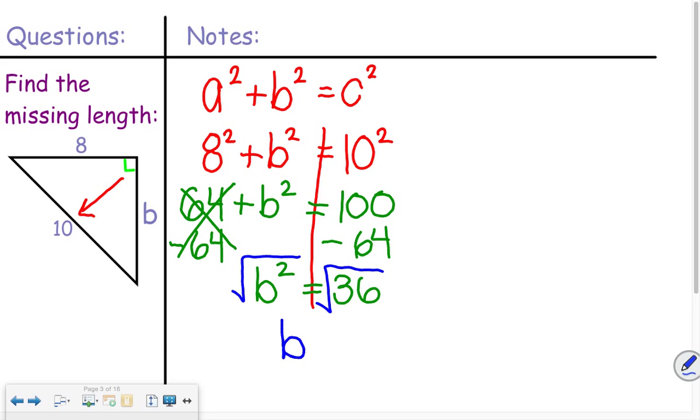So the square root of 36 is 6. So my leg B is 6. And if I check to see if that makes sense, well, if my legs are 8 and 6 and my hypotenuse is 10, the hypotenuse is my longest side, so that would make sense if the missing leg I found was 6, because it is smaller than 10.